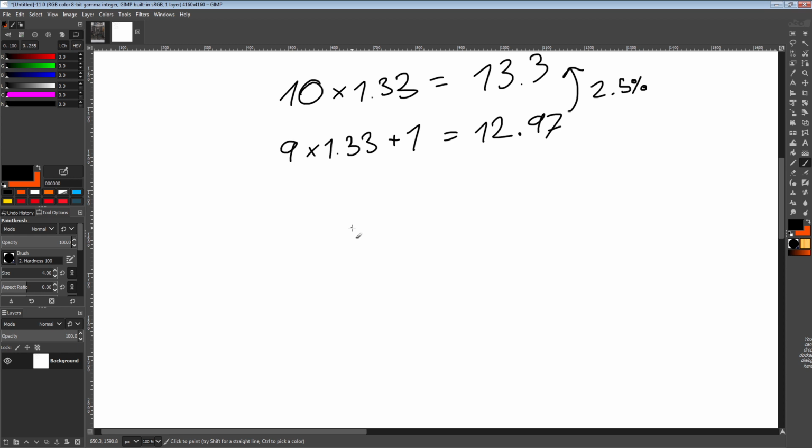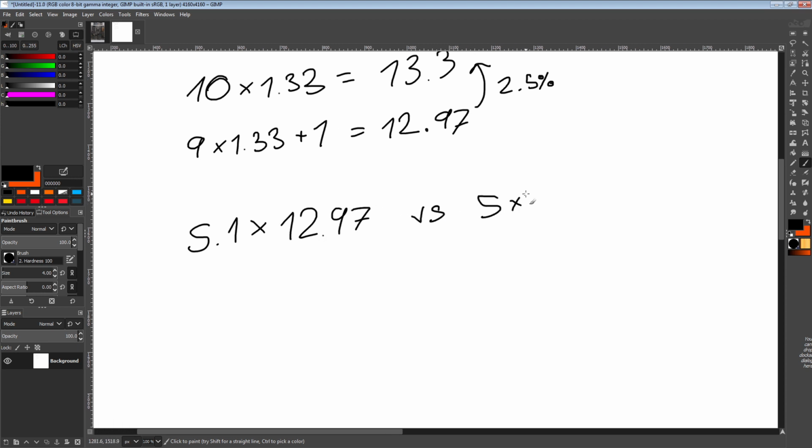So you disable the hyperthreading on the crappy core, and essentially you can do something like 5.1 times 12.97 versus 5 times 13.3. Now, this actually works out in terms of multi-threaded performance in favor of this. In single-threaded, this is ever so slightly faster, and the difference between these two is not that big.